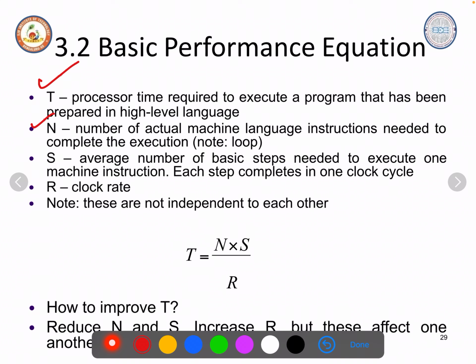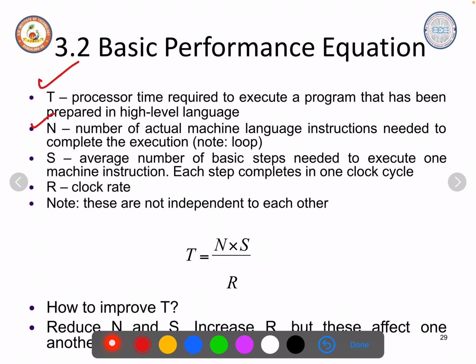Suppose I have 10 instructions in a program, each instruction requires a time S, and the total number of instructions is N. N into S gives you the total time taken by the system to complete the machine instructions, to complete the execution of a program.